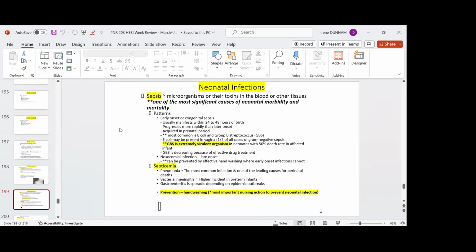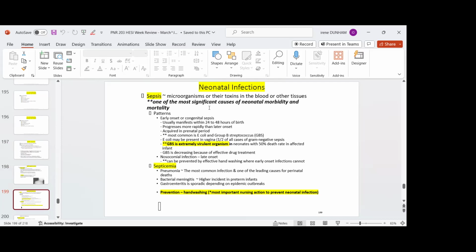Neonatal infections. Remember, we talked about GBS, group B strep. This is a very aggressive organism, with a 50% death rate in infants. That's why every woman is tested between 35 and 37 weeks gestation. Mom gets antibiotics during the labor process so that the baby can come through the vaginal canal without being exposed to group B strep.